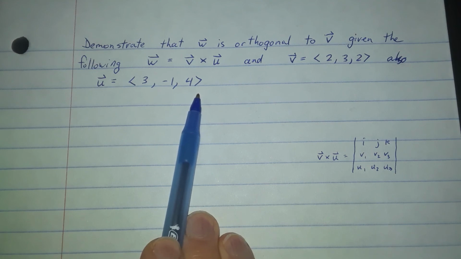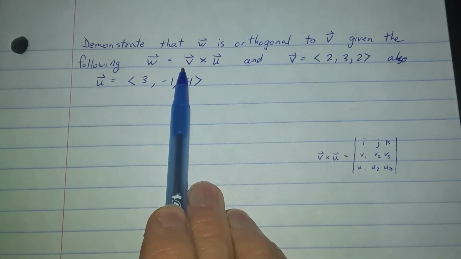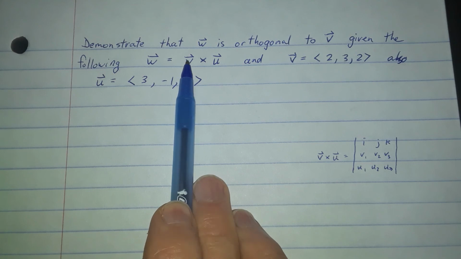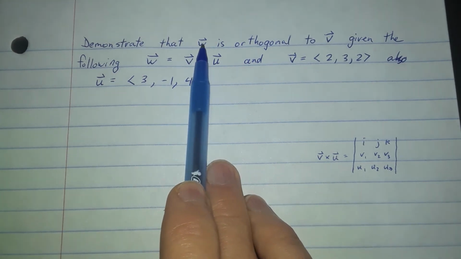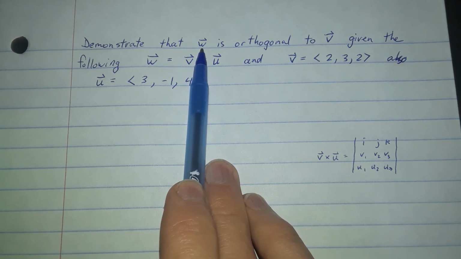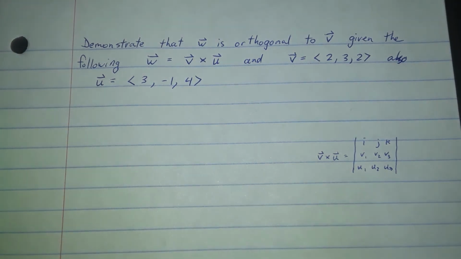So the first thing that we want to do is do the cross product of v and u so that we know what the vector w actually is as a single idea. So we're going to use the cross product. This is my cross product determinant written out here to the side to help me.